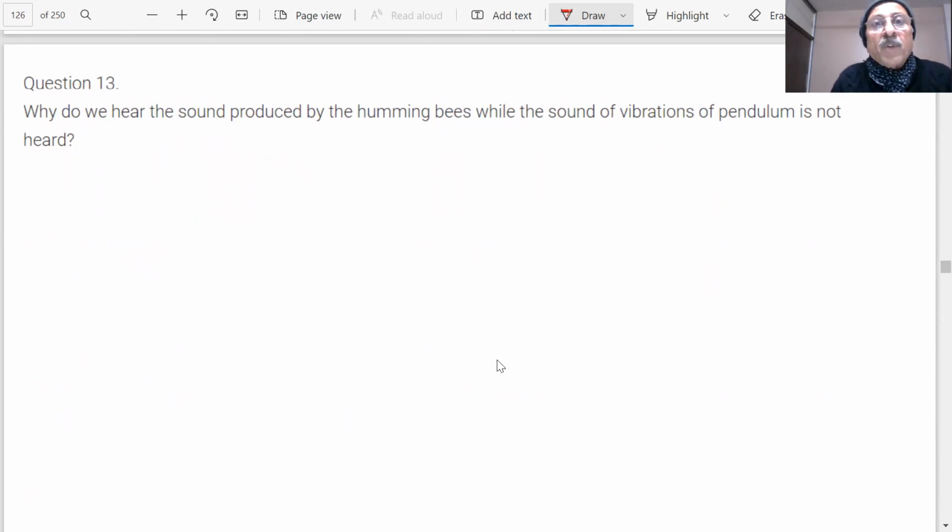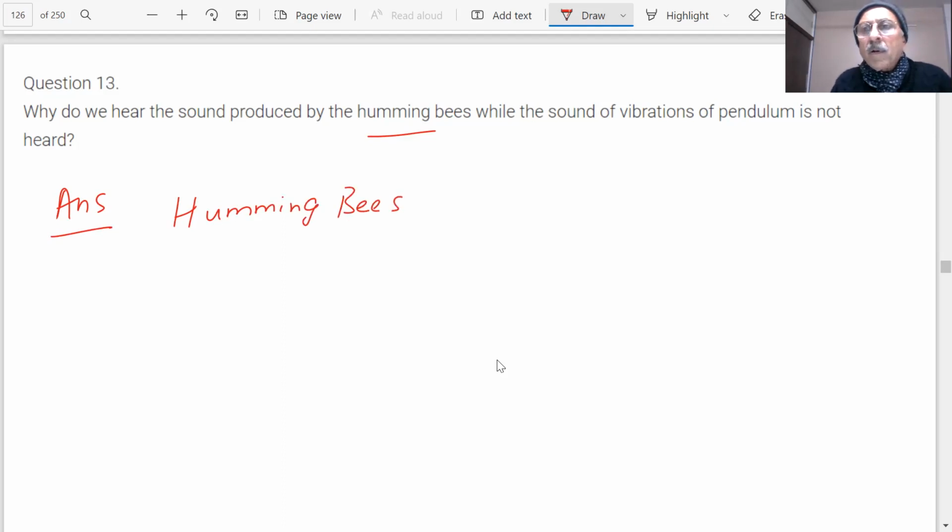Why do we hear sound produced by humming bees while the sound vibration of pendulum is not heard? What is the humming bee? Listen to humming bee sound. What answer we will give them?